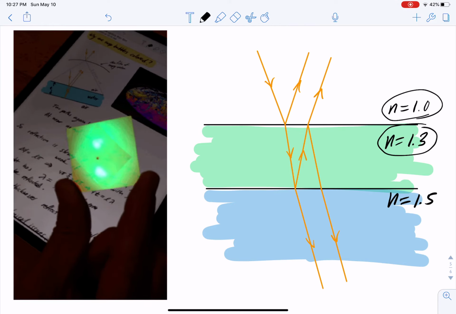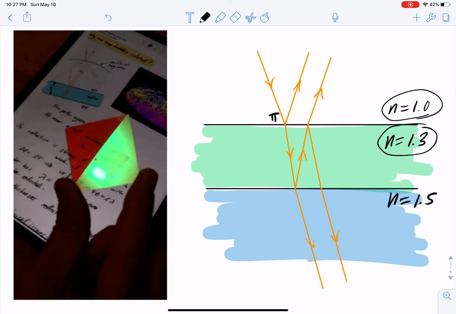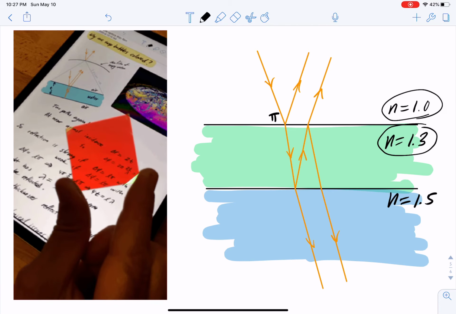The incident index is less than the reflecting index. So that's one that does pick up a pi phase shift. So we'll put a little pi there to remind us. Okay, so that's in the first path. The second path doesn't pick that up because it's going through, so that doesn't affect this second path, but we do have a reflection here.